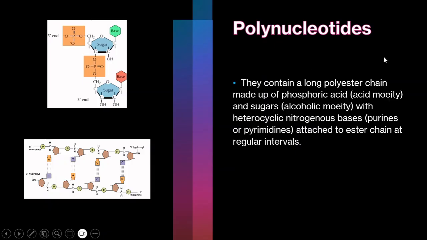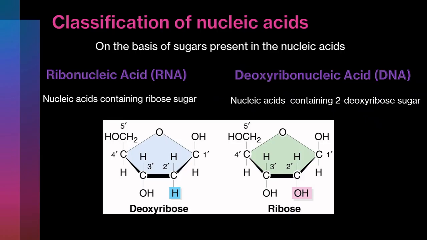So polynucleotides are actually polyester chains which contain phosphoric acid units and sugars with nitrogenous bases attached at regular intervals. I hope the concept of polynucleotides is clear to you.